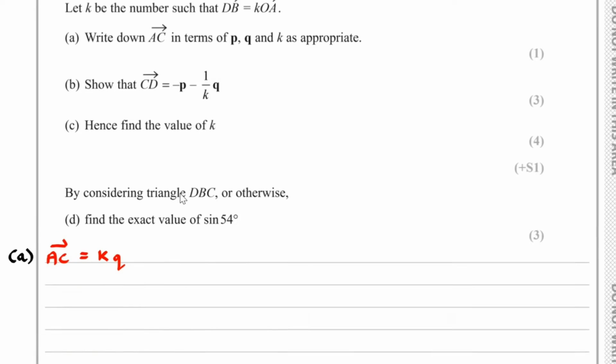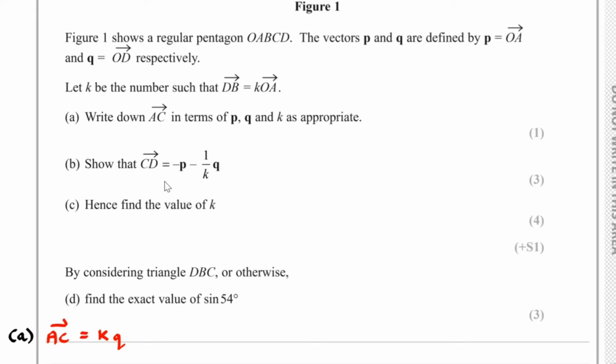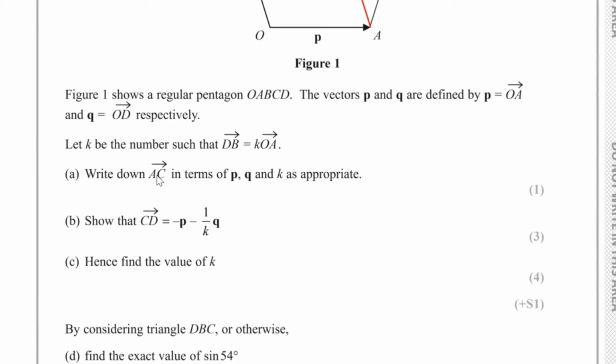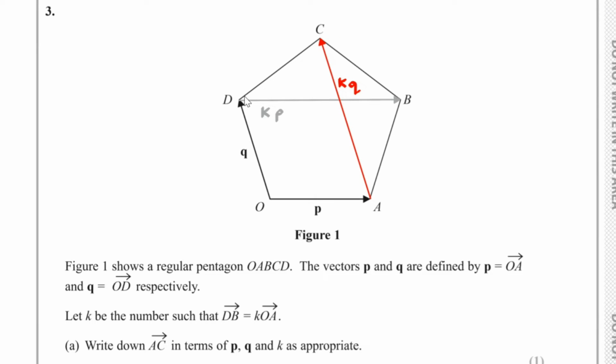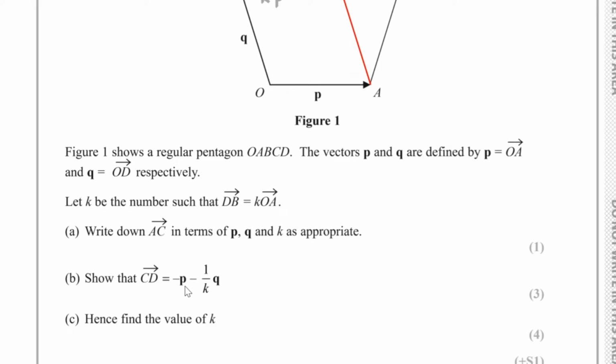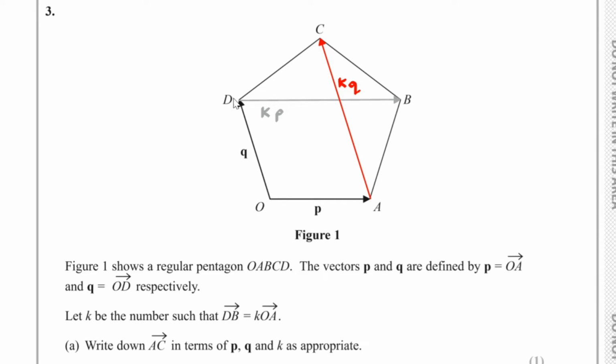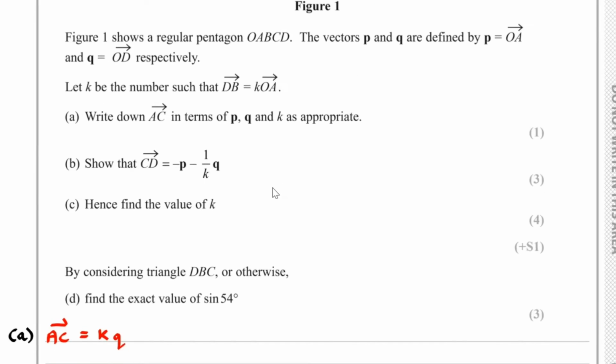So for part B of the question, we have to show that CD, so starting at C, finishing at D, that's equal to minus P minus 1 over K, Q. Well, how could we start at C and finish at D? Well, we could go C to A, and then A to O, and then O to D.